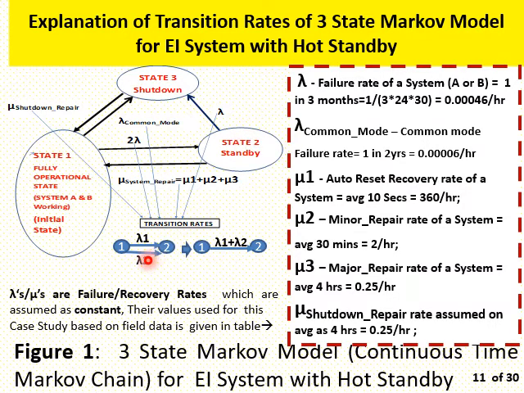Just as I've added these 2 transitions here, similarly I'll add all the 3 recovery rates to make mu1 plus mu2 plus mu3, which constitutes the mu system repair. In this way, we make the transitions. Transition rates are key in the stochastic model, which I'm going to describe next.